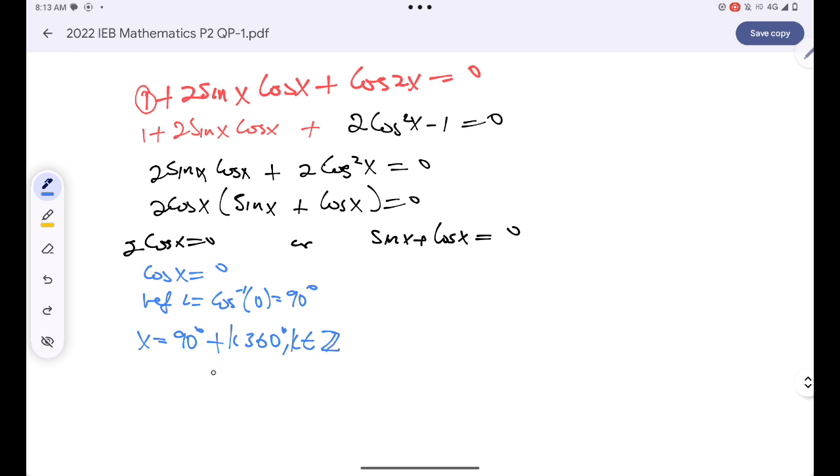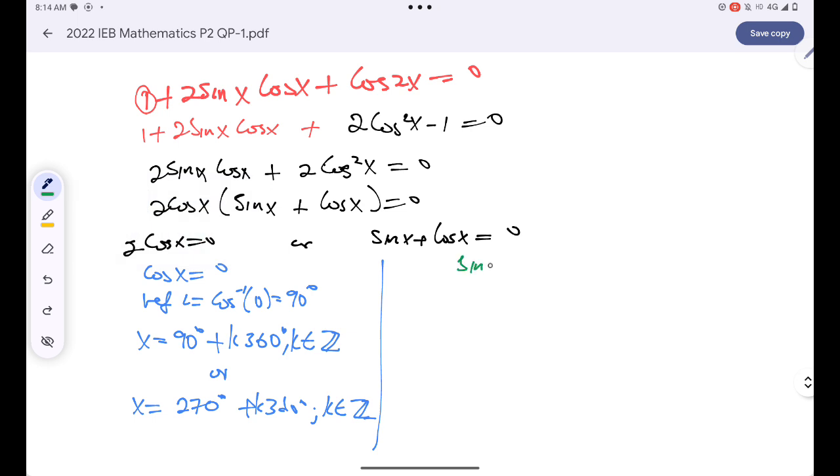And then in the fourth quadrant, we write angles as 360 minus 90 will give me 270 plus k 360, where k is an integer. Are you together? So these are the general solutions of the x values that will give me 0 at the denominator rather.